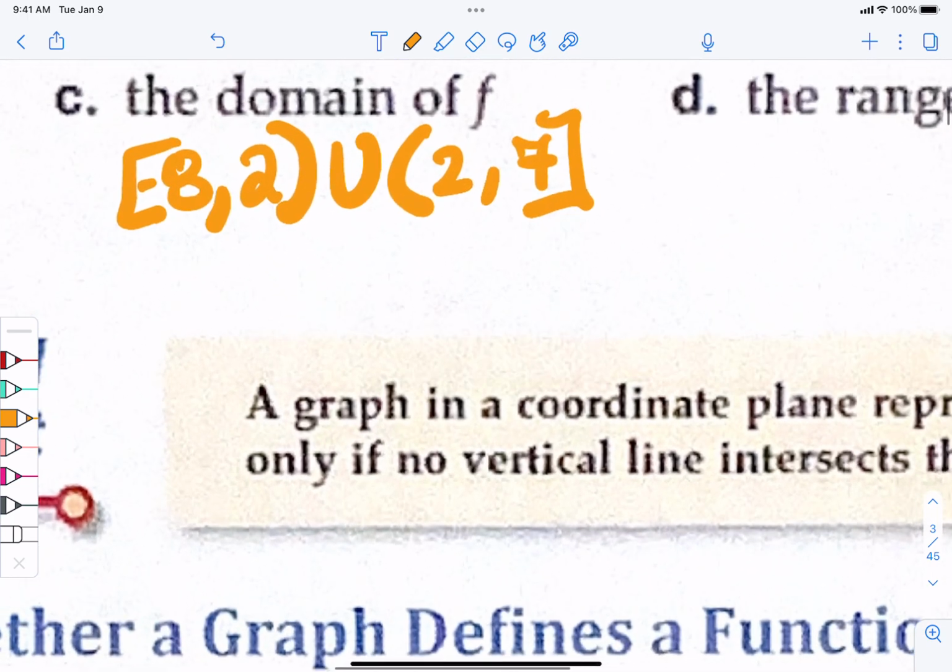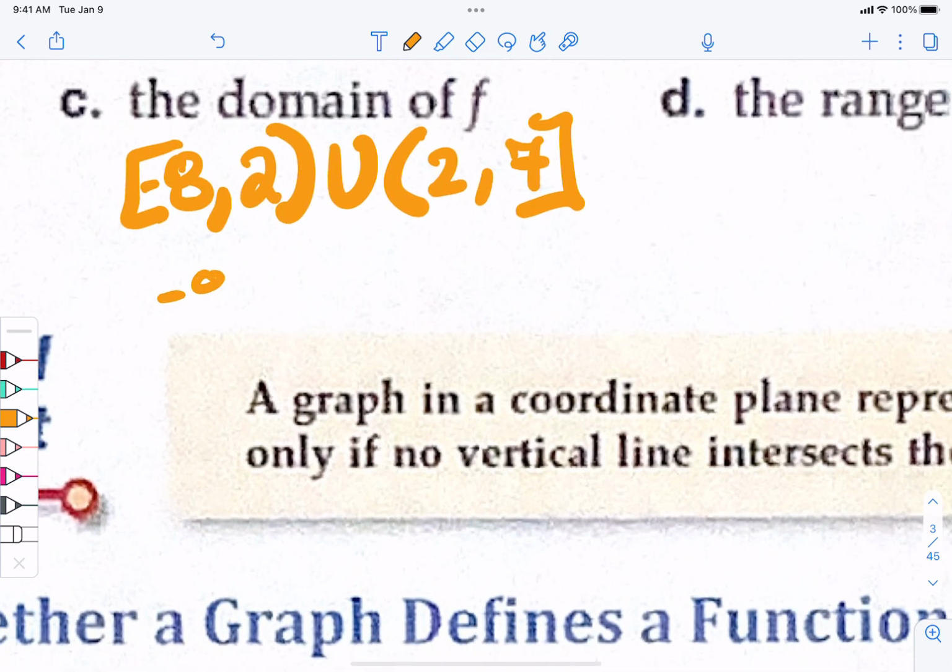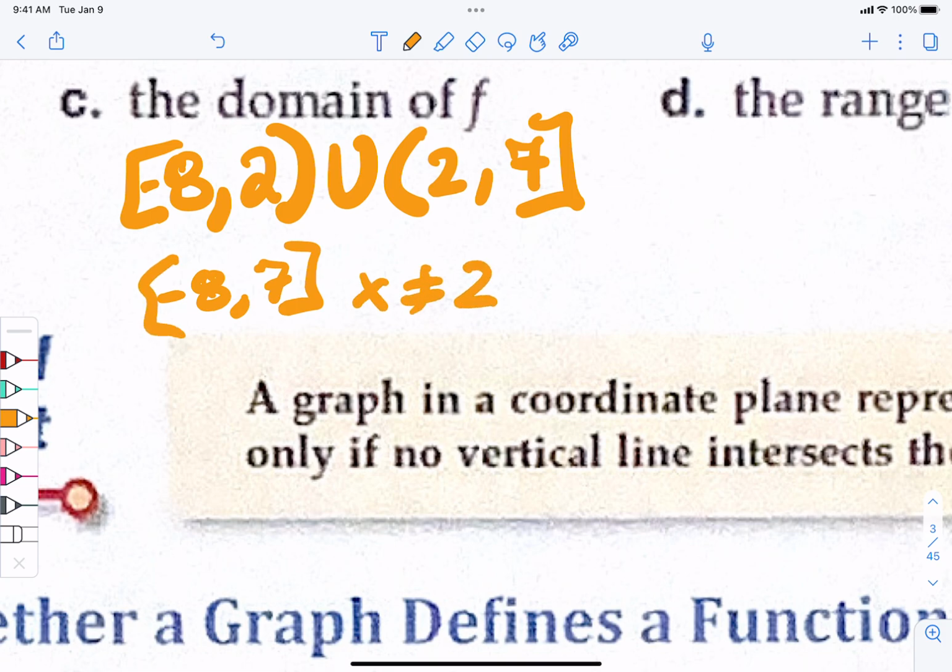You could also instead put negative 8, comma 7, both brackets, but then say x is not equal to 2. You could do it that way as well, whichever way you want. It doesn't matter. It's probably about the same amount of writing. That just notes that there's a break at 2, so it doesn't touch 2 exactly.